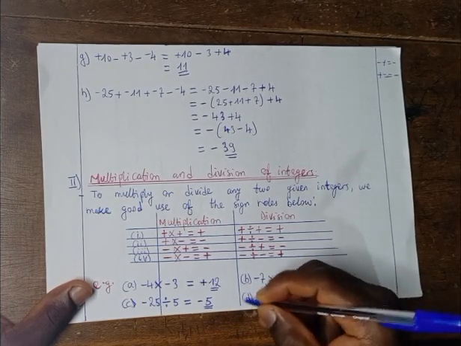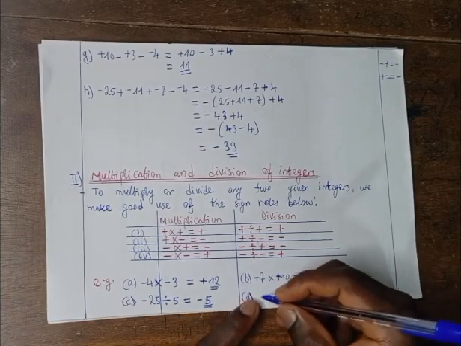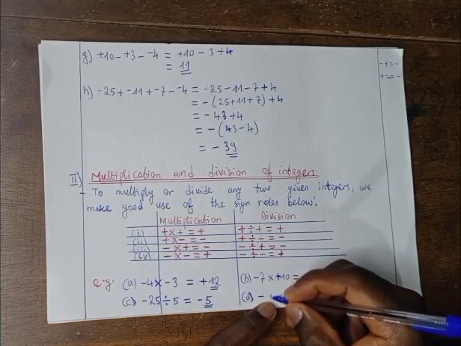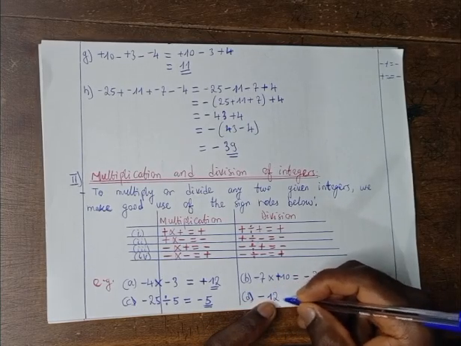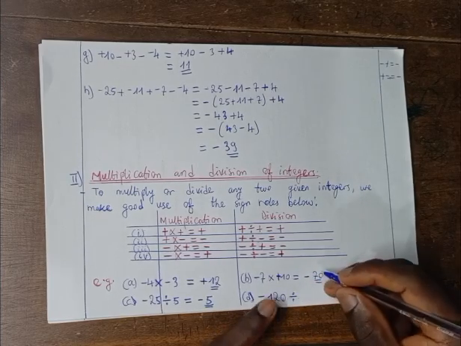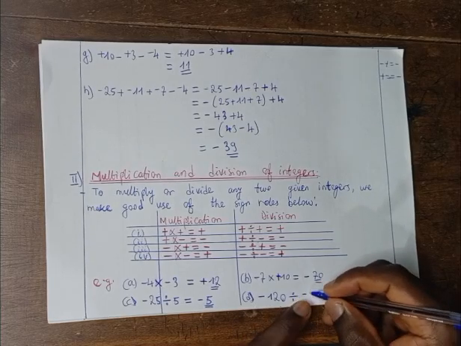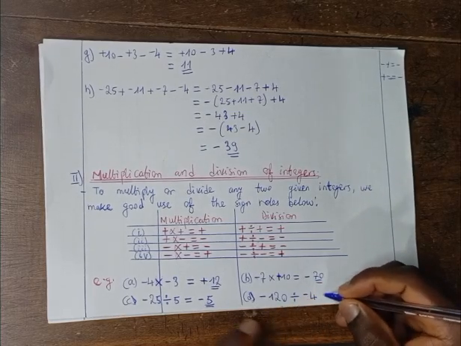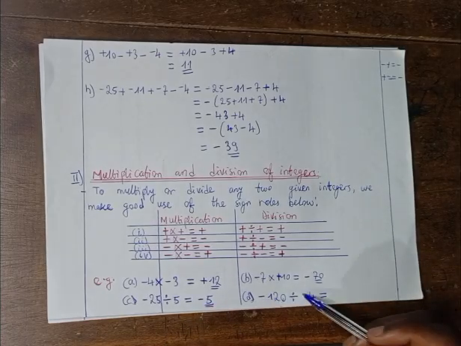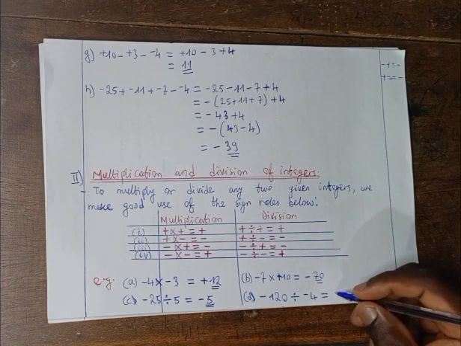Next, let's go to D. We get to divide the number negative 120 by the number negative 4. Now this will simply be equal to, we are dividing two negative numbers. When you divide two negative numbers, the result will be positive.